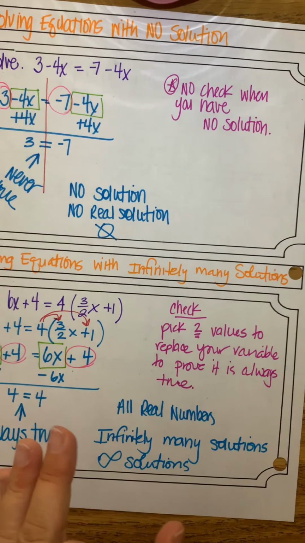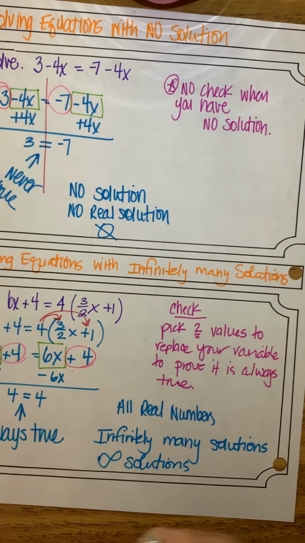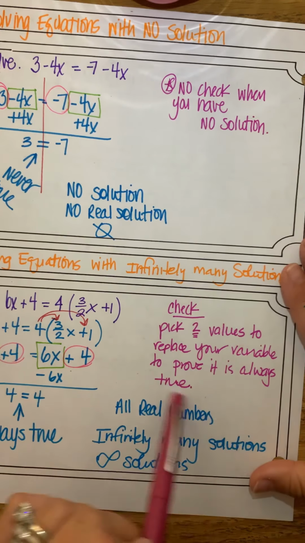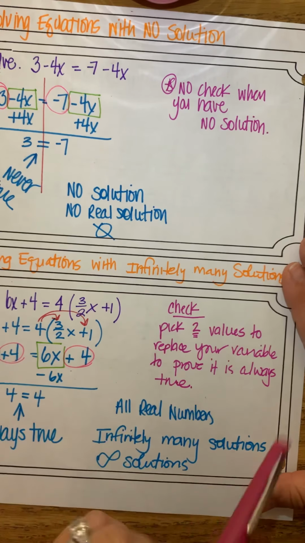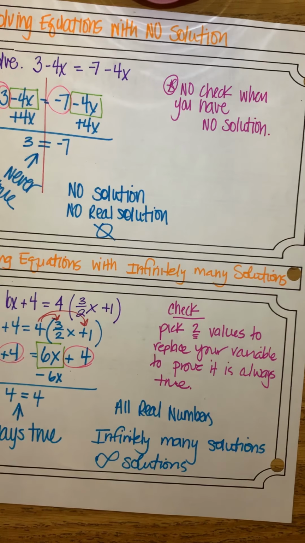So you could pick any value for x twice, substitute in like a regular check, and show that it works both times, and that's your check to prove that it's infinitely many solutions or all real numbers.